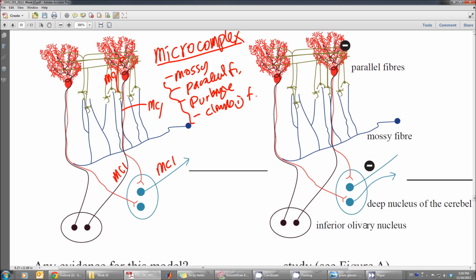So those are the smallest units that behave independently. You can see the other microcomplex. So let's label this microcomplex 2. That's microcomplex 2, also including the deep nuclei, the neurons in the deep nuclei.